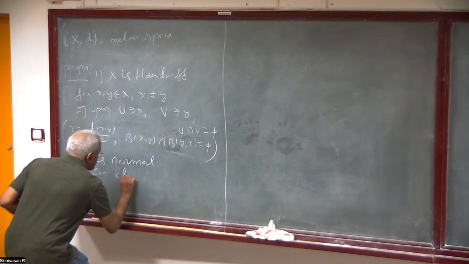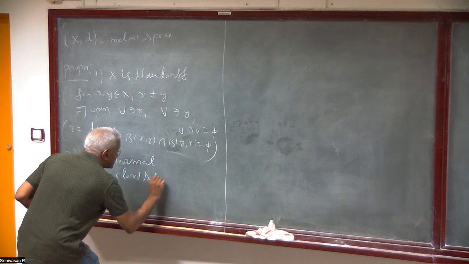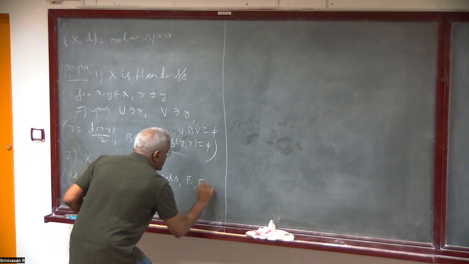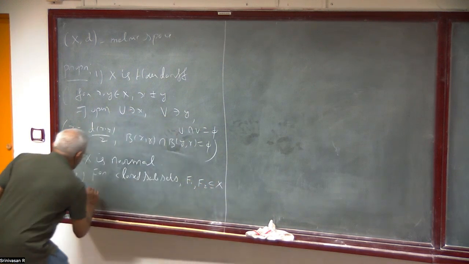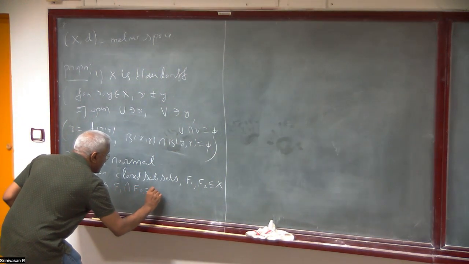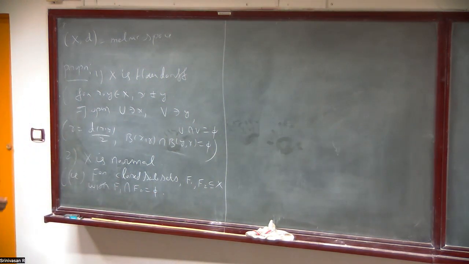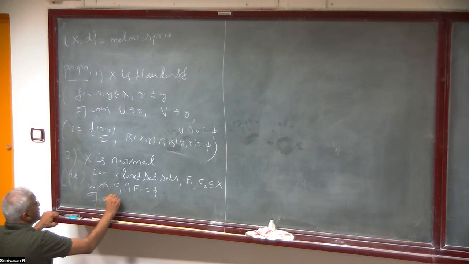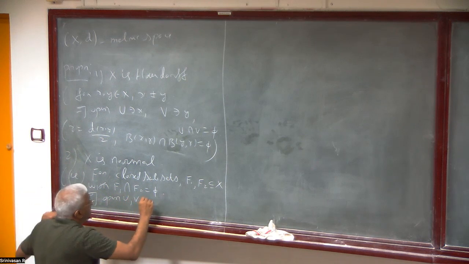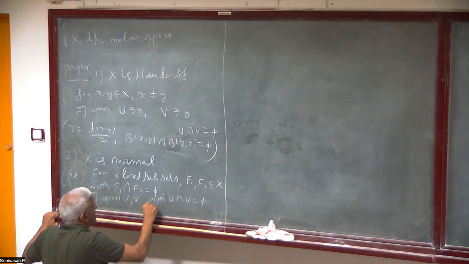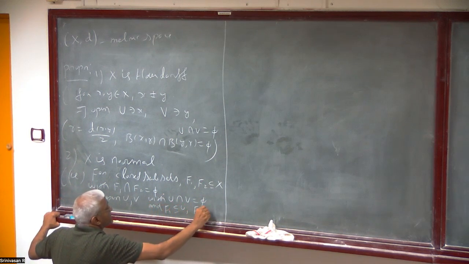So for closed subsets F1, F2 contained in X with F1 intersection F2 empty, if you have two disjoint closed sets, then there exist open U, V with U intersection V empty, and F1 is contained in U, F2 is contained in V.